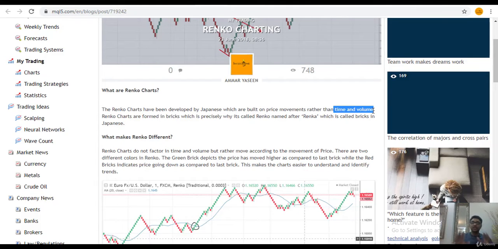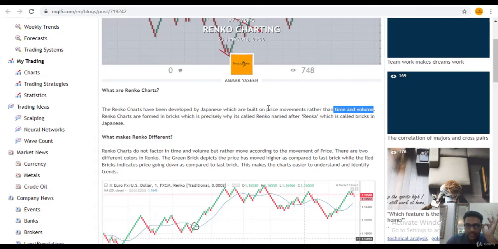You need to keep this in mind: when you're seeing Renko charts on your screen, you cannot see what time period has passed, and you cannot judge from the horizontal line what the time period or the volume is, because Renko bricks do not take into account time and volume. They only take into account the price movements.